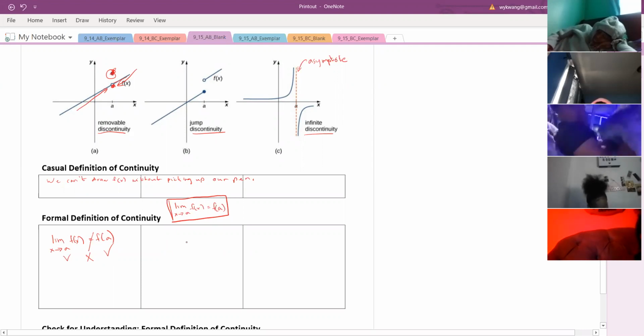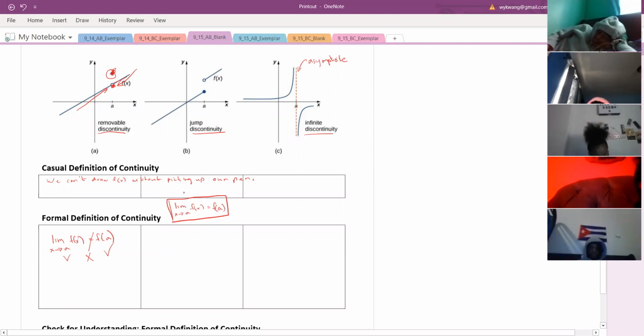And then how about the second, jump discontinuity? For the jump discontinuity, I said that the limit of f of x as x approaches a doesn't exist. Yeah, that's exactly right. When I write out this definition again, it's this first requirement: the limit of f of x as x approaches a must exist.